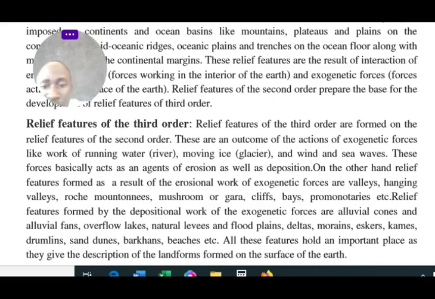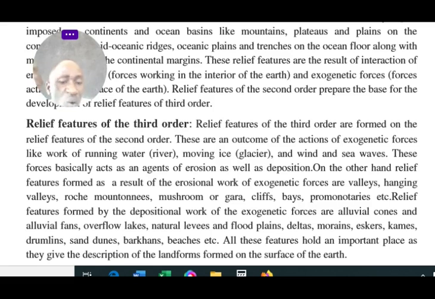This one, the third order, looks at the landforms that are formed on the relief features of the secondary order. They are saying that these are just an outcome or an action of endogenic processes. When we talk about the exogenic, it is exogenic processes.